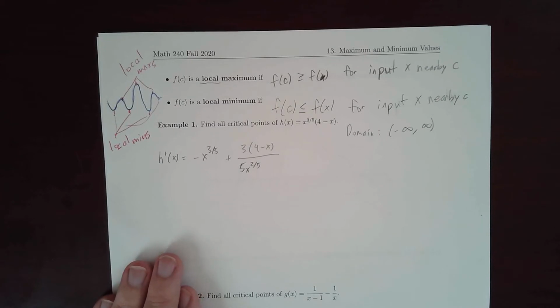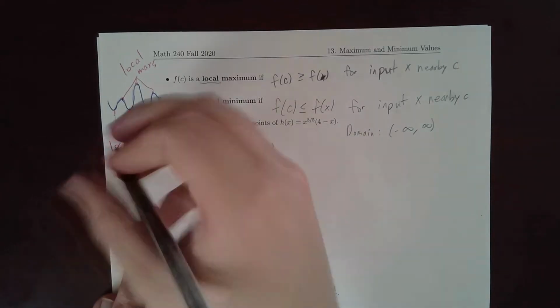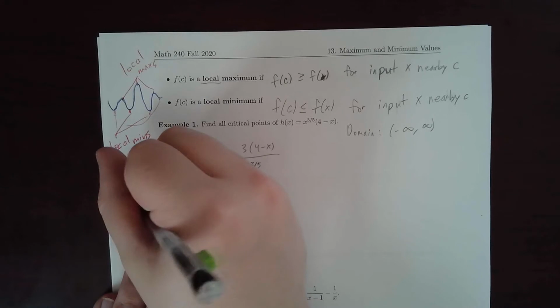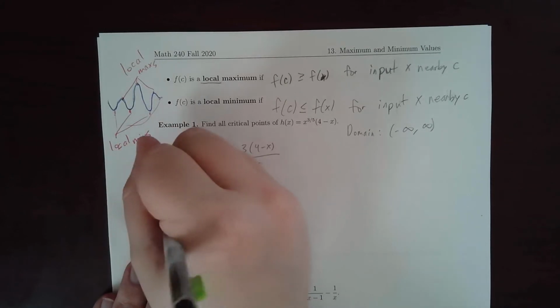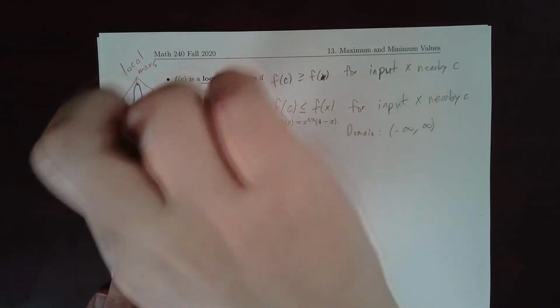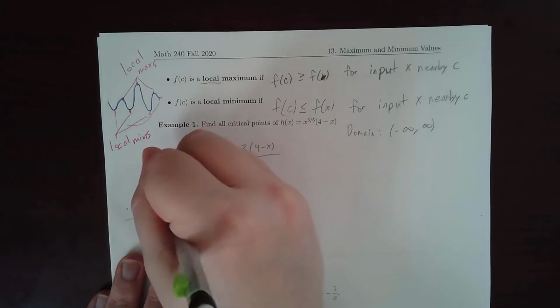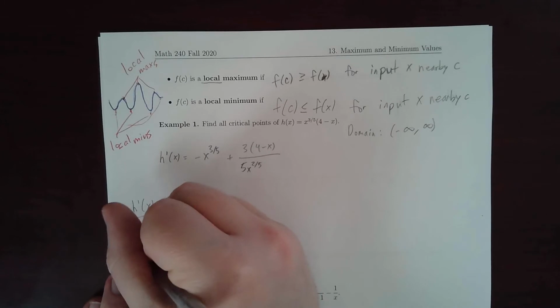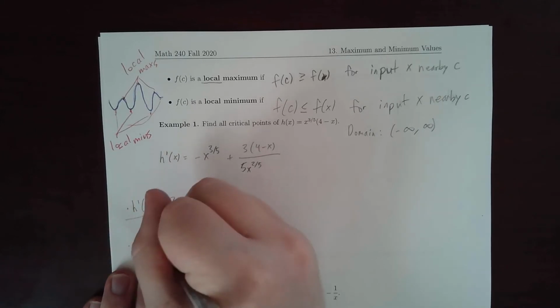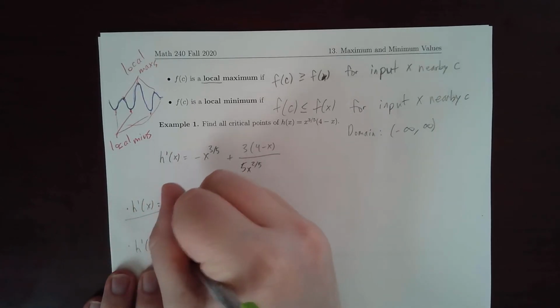So when we're trying to look for our critical points, we want to know where the derivative equals 0 and we want to know where the derivative does not exist.